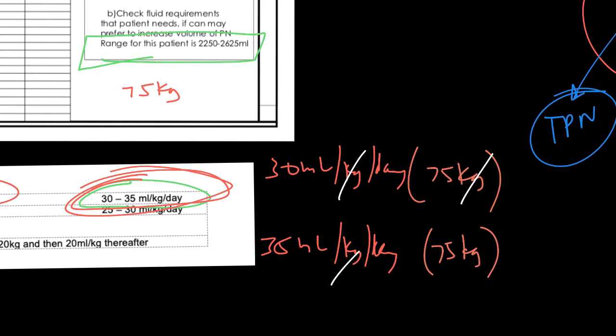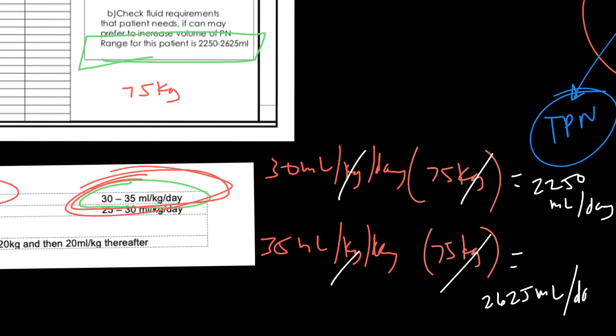Units cancel, kilograms cancel. So that gives you 30 times 75, 2250 mils per day. Or 35 times 75, it's 2625 mils per day.